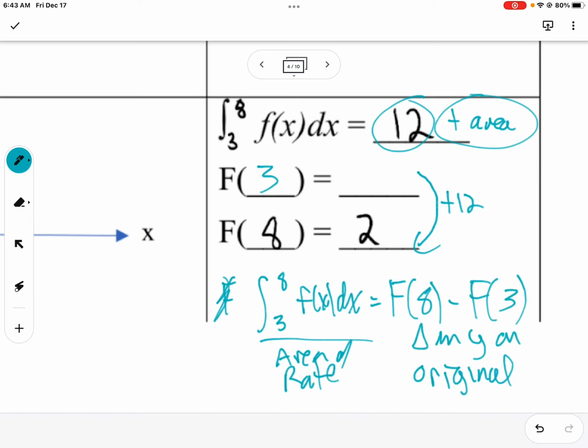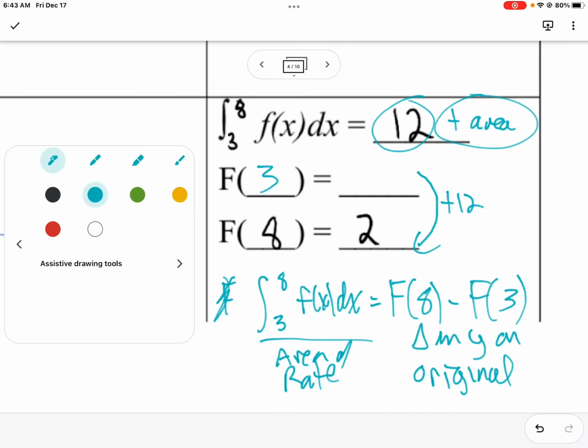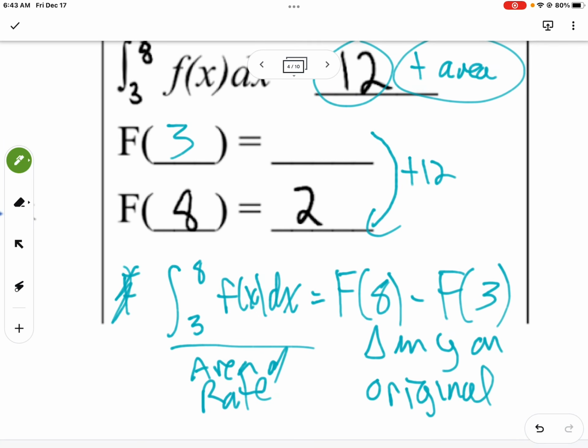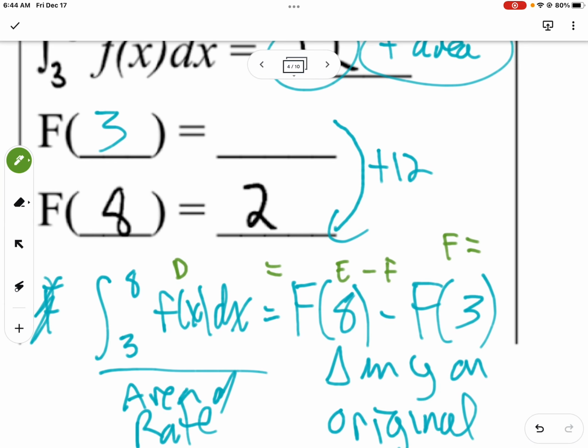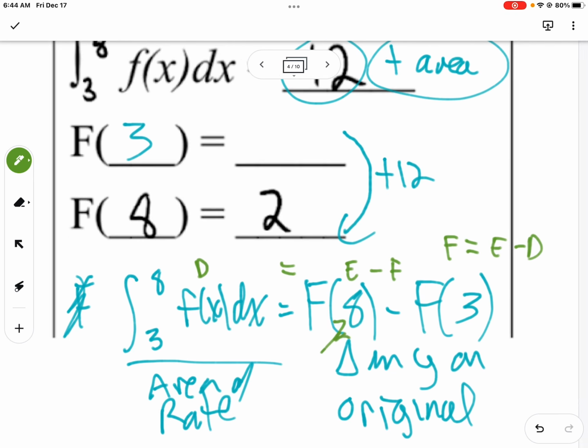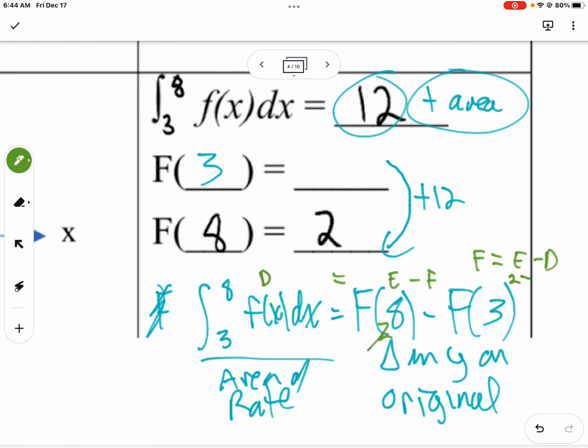I'll make this D, E, and F. So if D equals E minus F, F has to equal E minus D. So E minus D is 2 minus 12. So that's going to be negative 10.